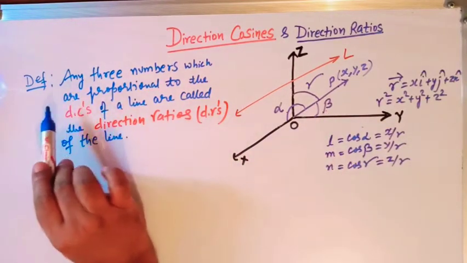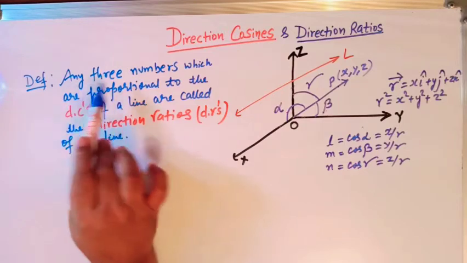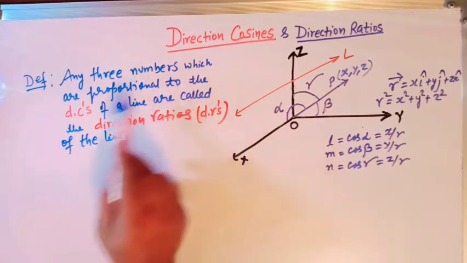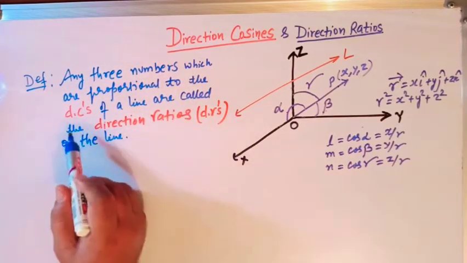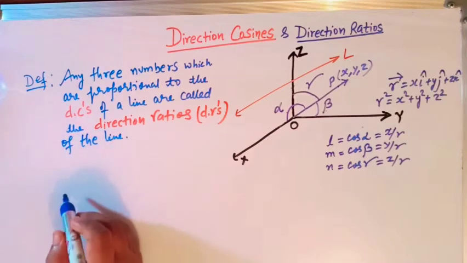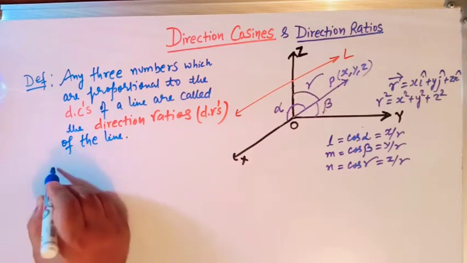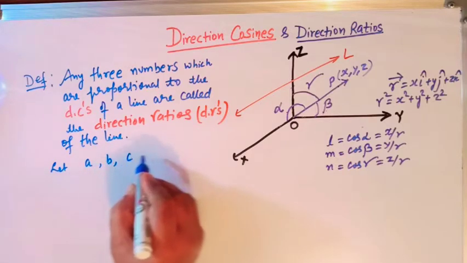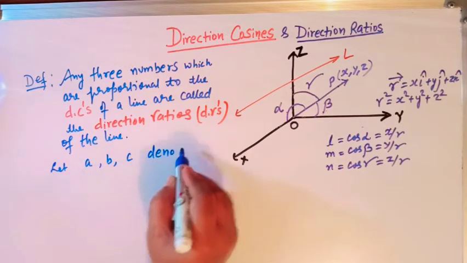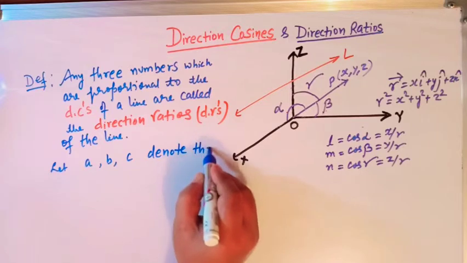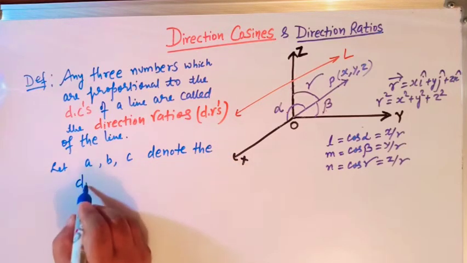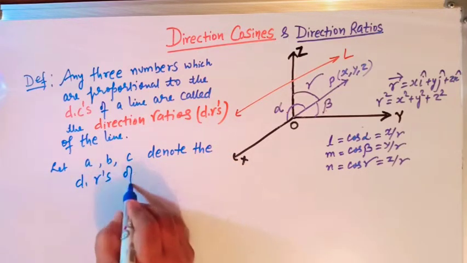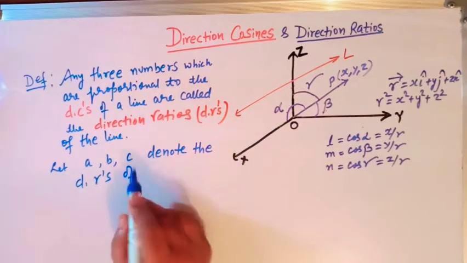So the direction ratios of a line are any three numbers which are proportional to the direction cosines. So let A, B, C denote the direction ratios of this line L, right?